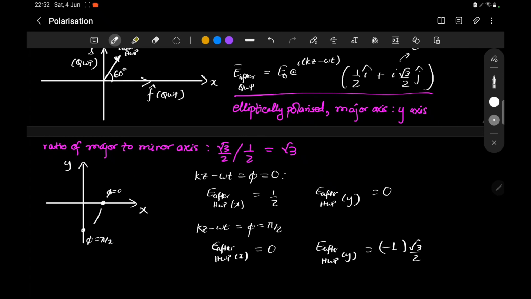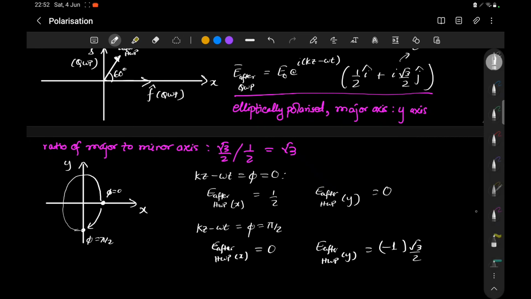So that means our ellipse is going in this direction. This is the handedness for the elliptical polarization that we have. So this is clockwise direction. So we see that the handedness is clockwise direction.